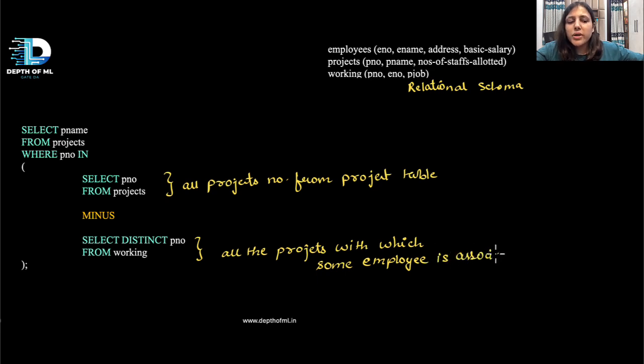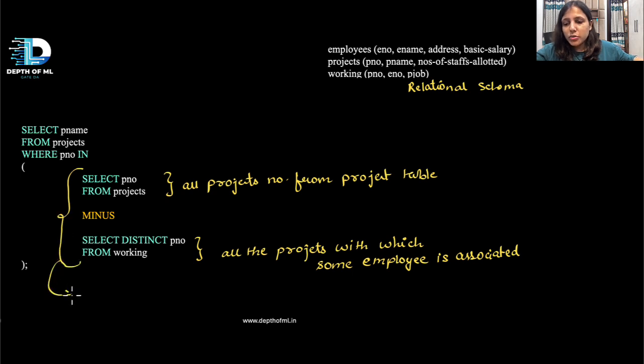Or you can say some employee is already working on this project. Okay, so when you take all projects minus those projects on which some employee is working, what are you left with? This minus will give you this whole combined query, right?